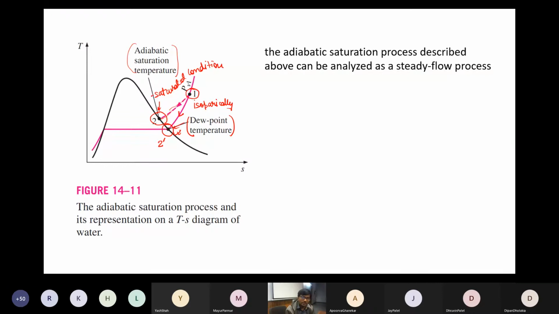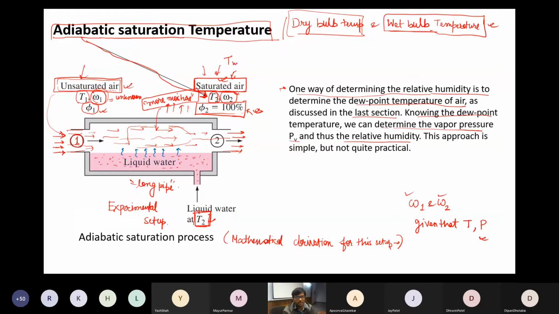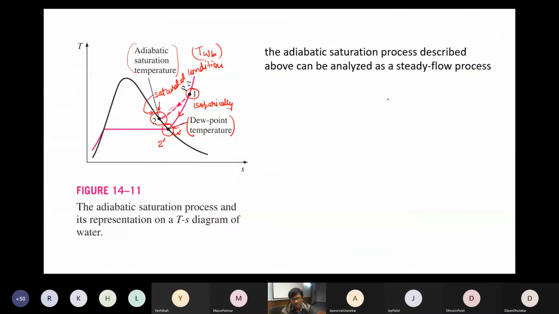At this temperature, also called the wet bulb temperature, T_WB, you hit the saturation condition. We will further talk about wet bulb and dry bulb temperature later, but for now let's consider that this is the adiabatic saturation temperature, and it is different from the dew point temperature.